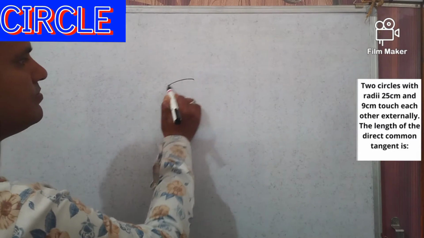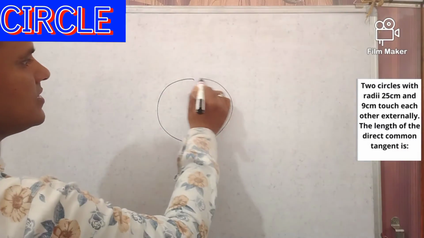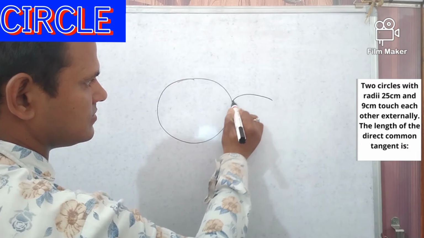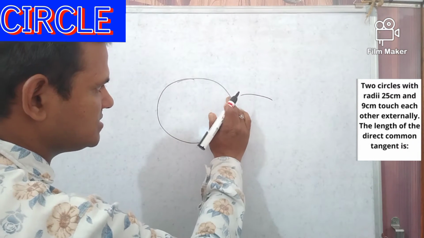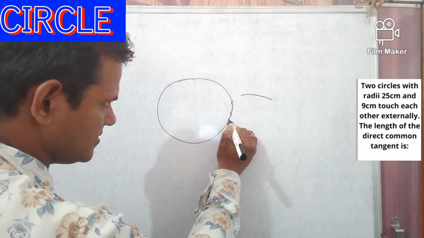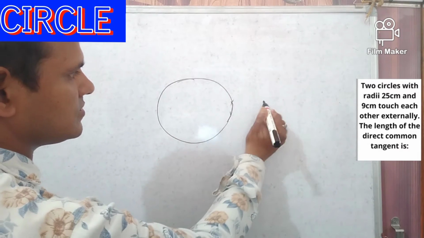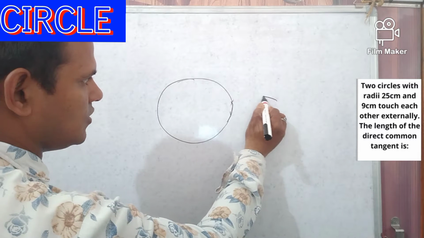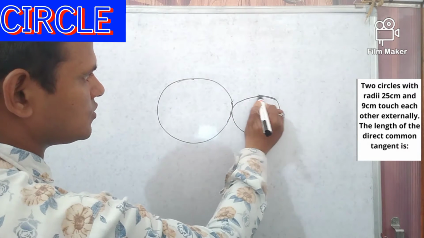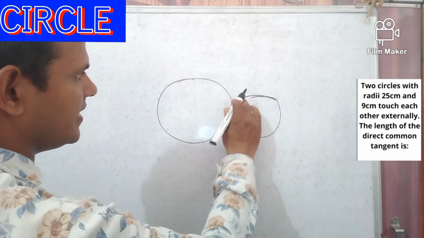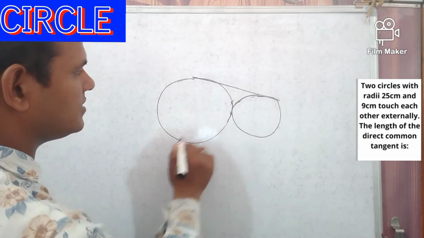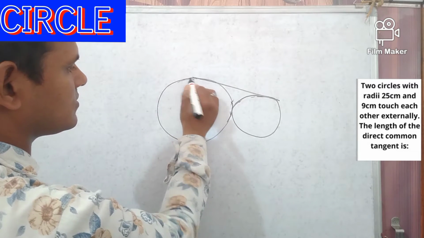So this is one circle and this is another circle. They touch each other externally. Keep in mind, friends, that this circle will be smaller because its radius is smaller than the other.